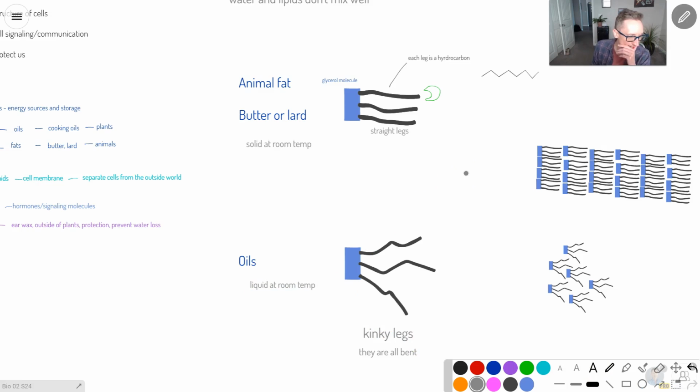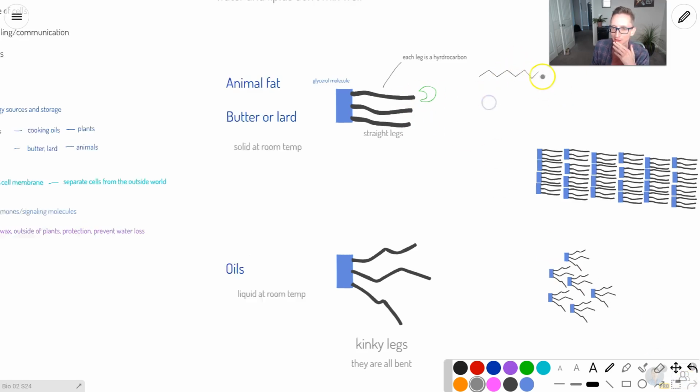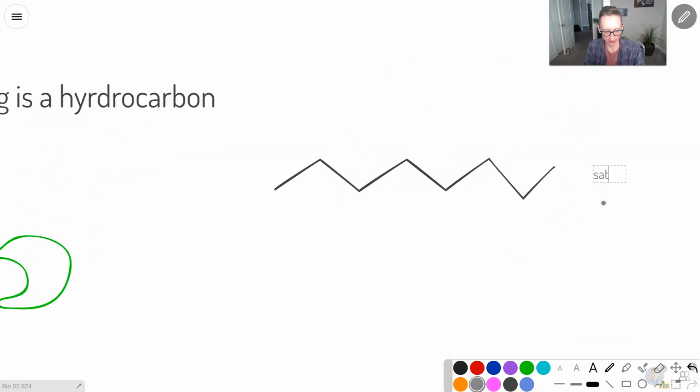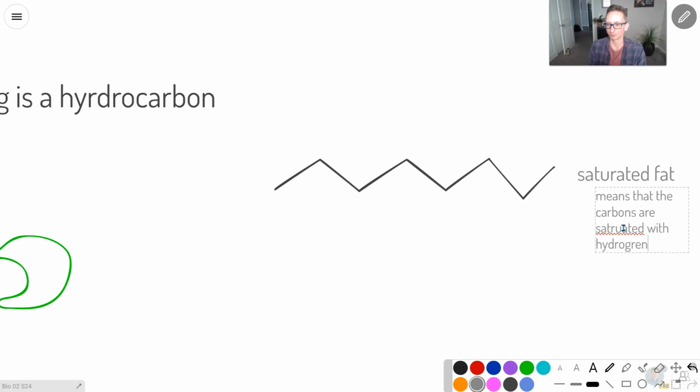All right. And the reason why that is, I'm sure you've heard these terms. These here, their hydrocarbon skeleton, like this, is saturated with carbons. So it's a saturated fat. That's what that means. Saturated fat means that the carbons are saturated with hydrogen.